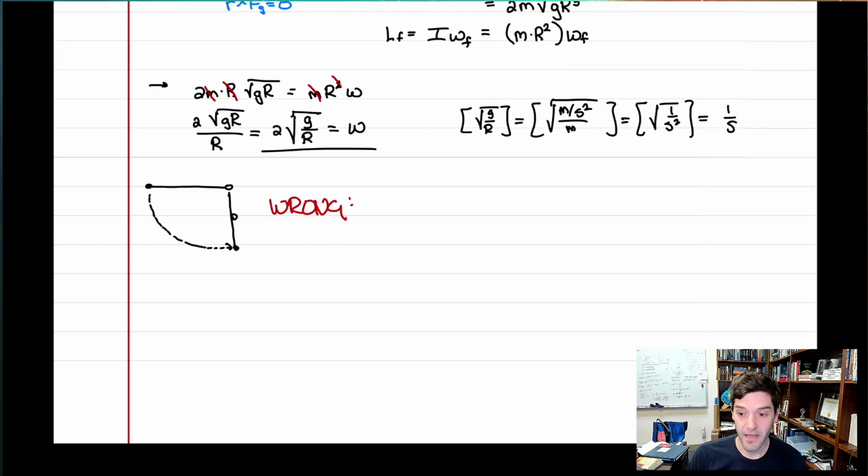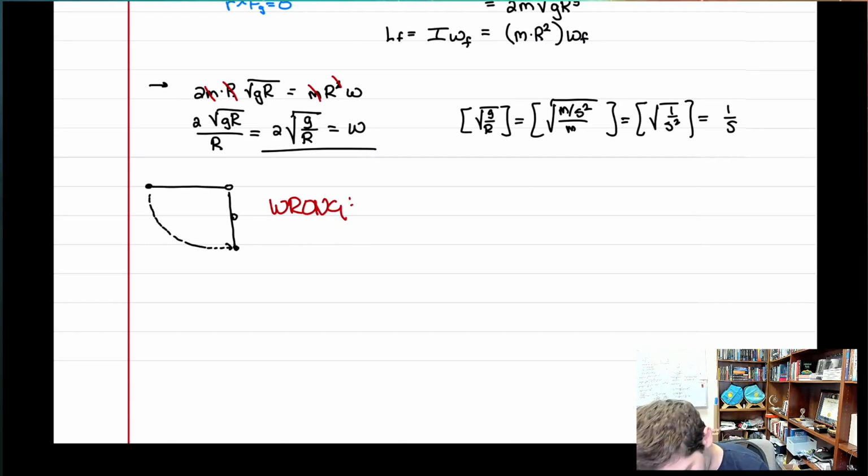You might say angular momentum is still conserved, but you might say the initial angular momentum is m times 2r times the final velocity.